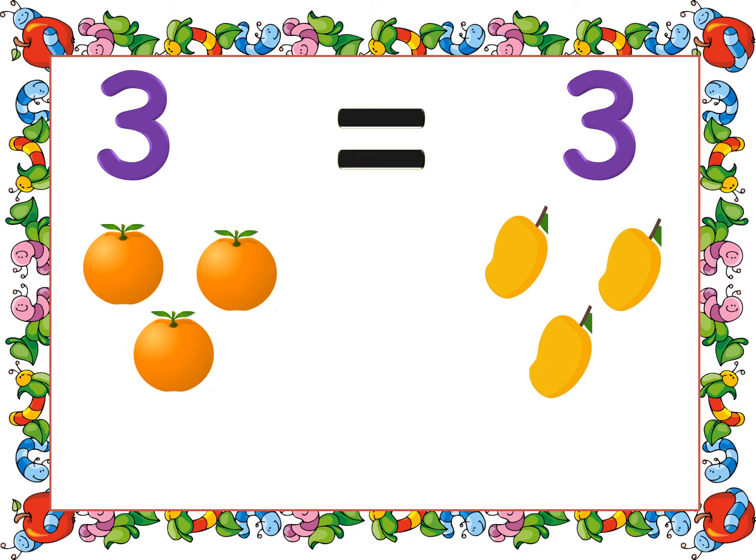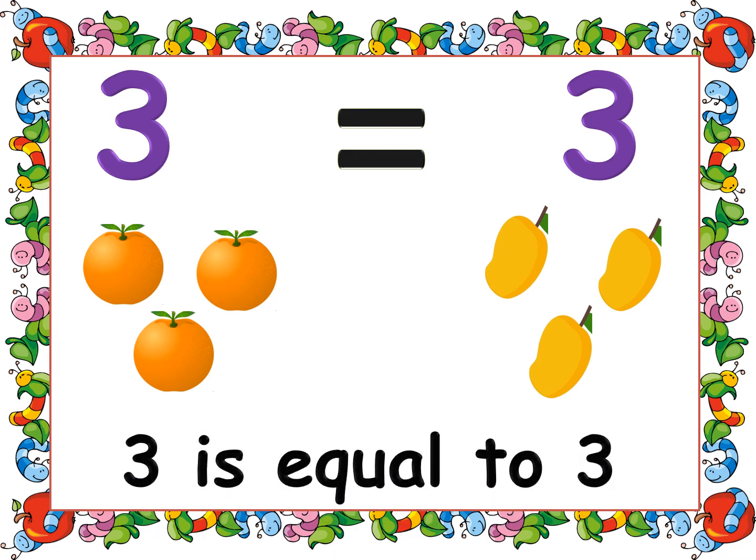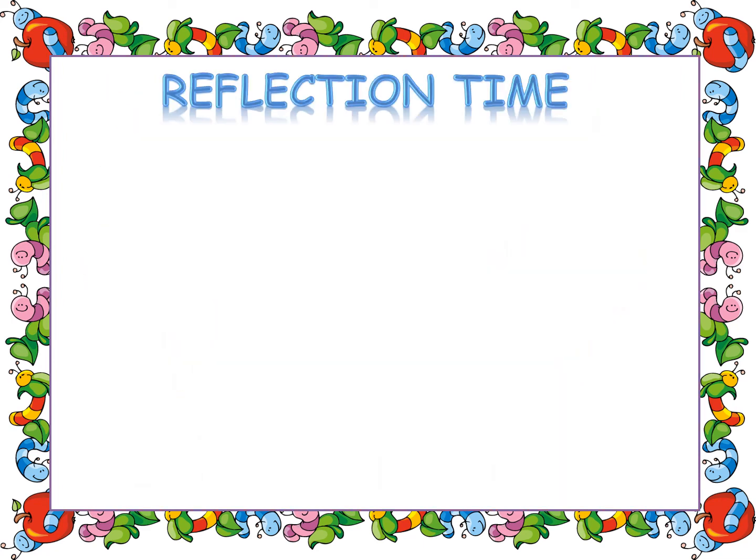So what are we going to do, children? Remember, when we have equal numbers, we have to introduce the equal sign. Very good. So we are going to read this as 3 is equal to 3. Very good, children. Well done.